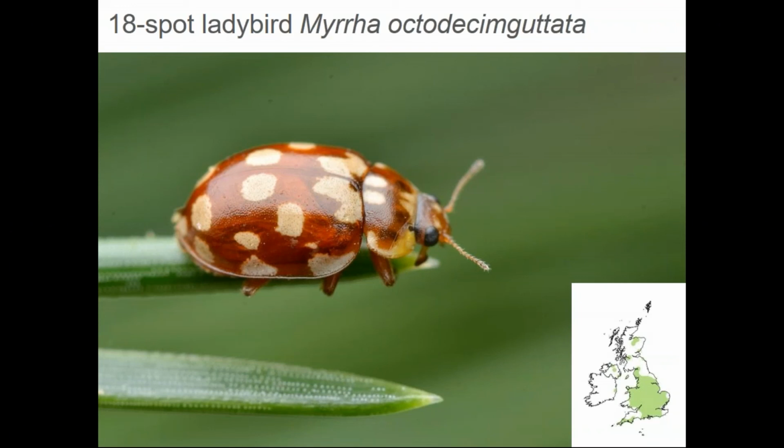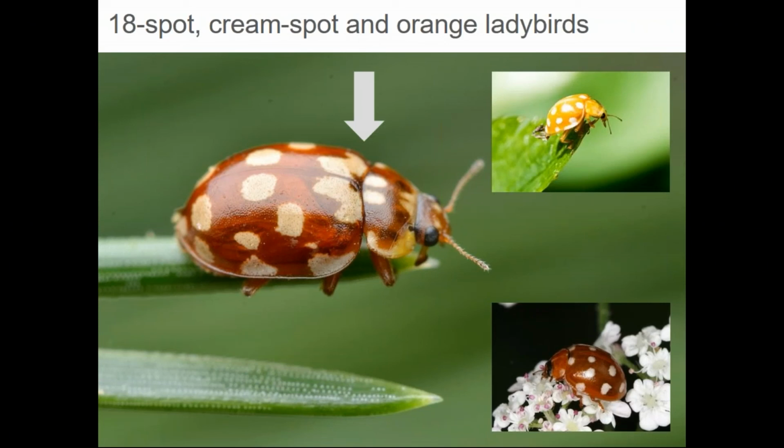And in fact, if we move the slide on, Helen, I think there's a comparison between the two. Whereas the cream spot ladybird that you can see at the bottom has got a straight row of 6 pale spots quite near the front, the spots aren't all in a straight line on the 18 spot ladybird.